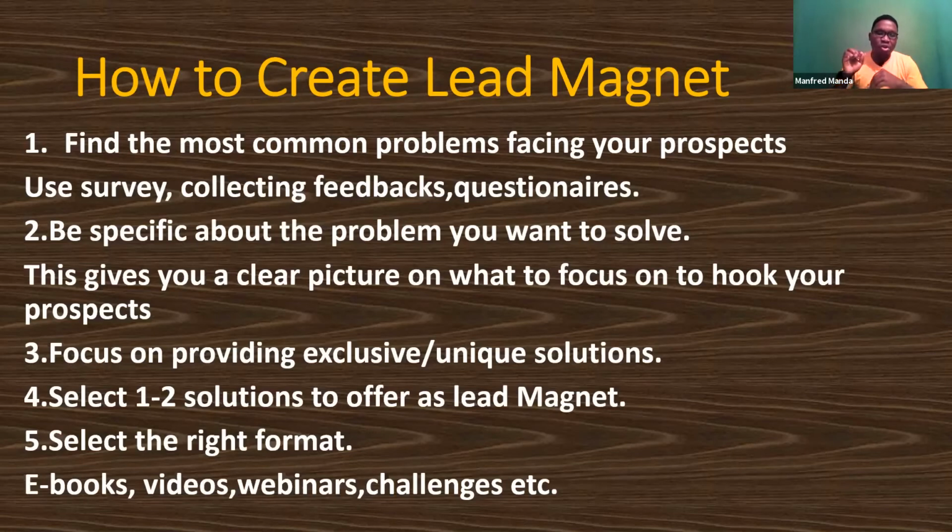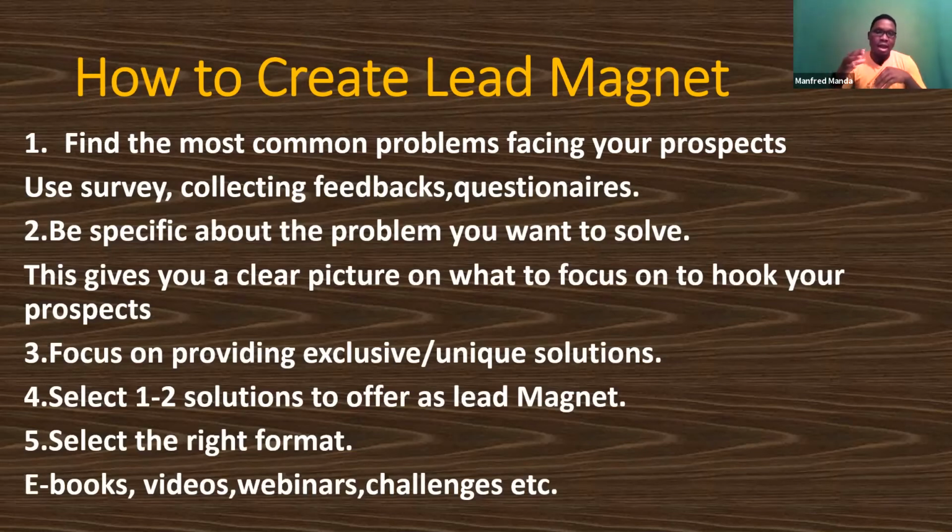Number 3, focus on providing exclusive or unique solutions. Number 4, select 1 or 2 solutions to offer as lead magnets. And number 5, select the right format. The right format means maybe it's an ebook, videos, webinars, or a challenge, according to your audience. What do they love?